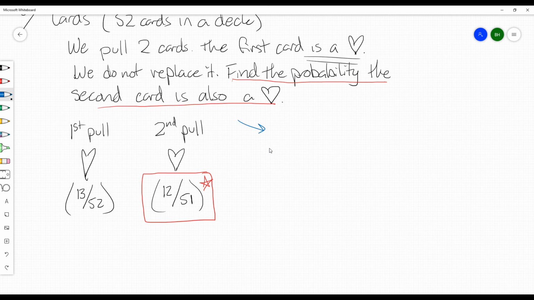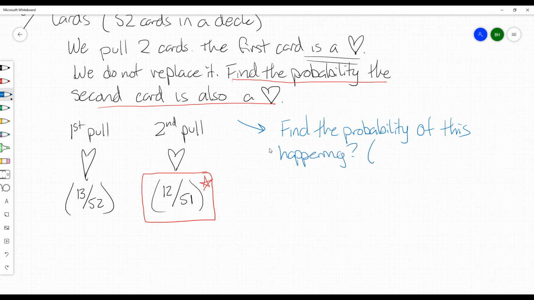This question becomes different if I said, find the probability of, let's say, this happening, which is the first and second are both hearts.